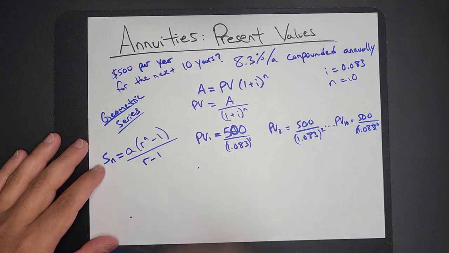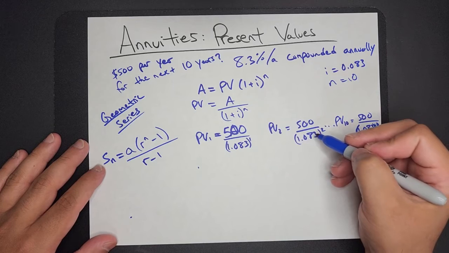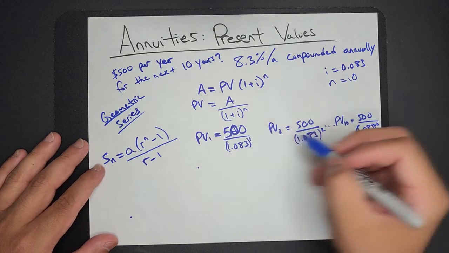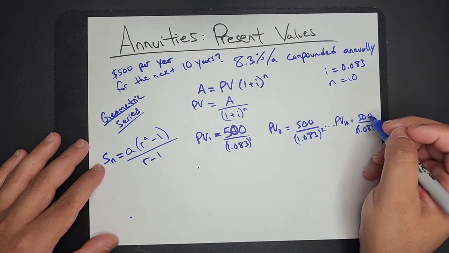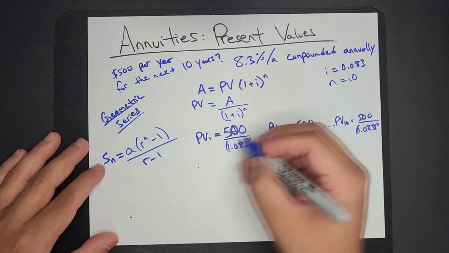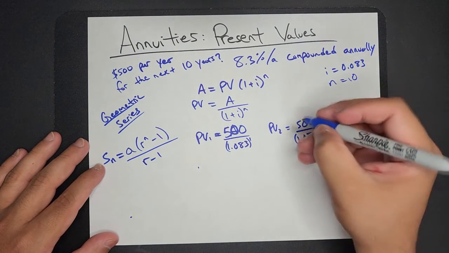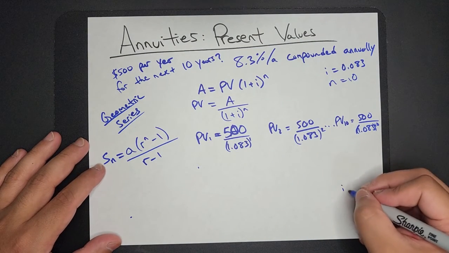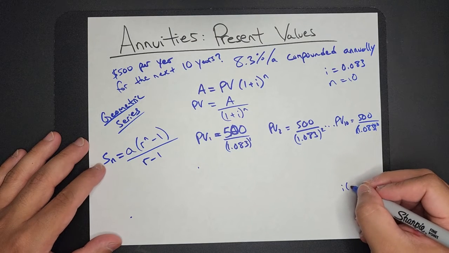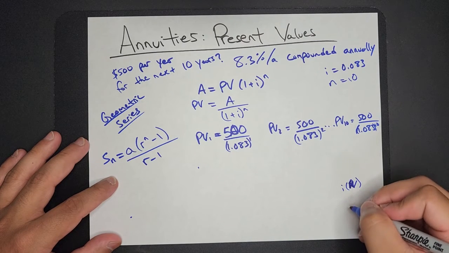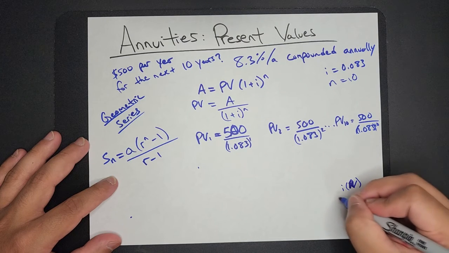In terms of my interest rate here that I'm using in my series, my series isn't really growing. Unlike before, where I had the interest rate being multiplied by my amount or my present value, now my interest rate is actually being divided.